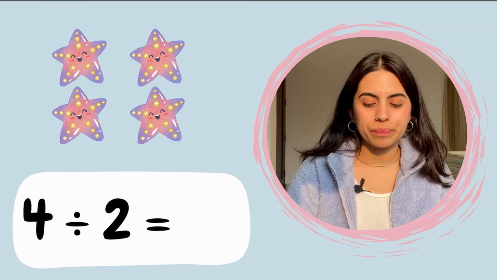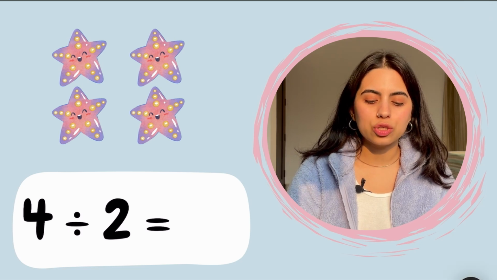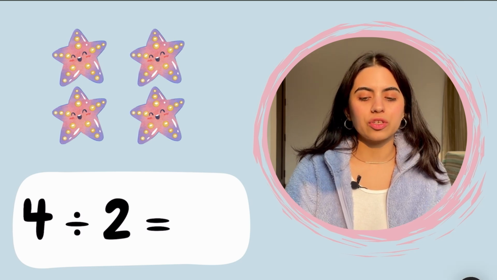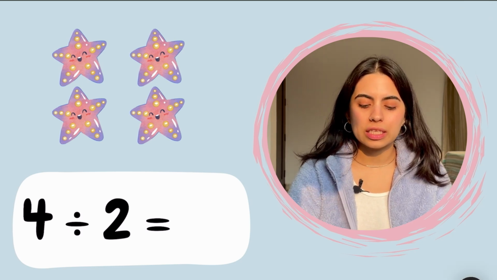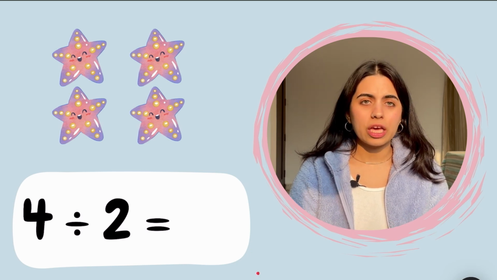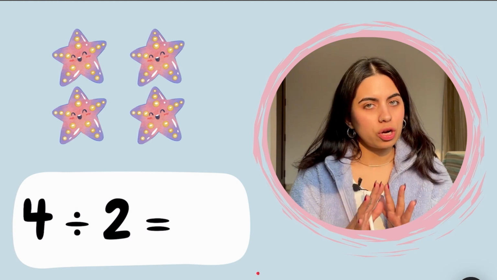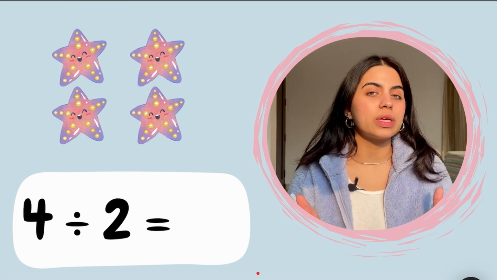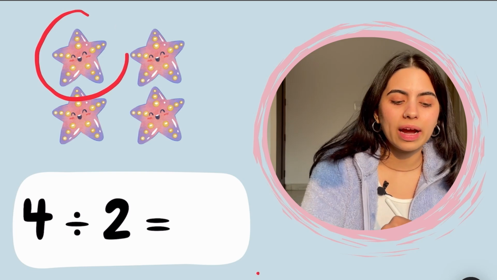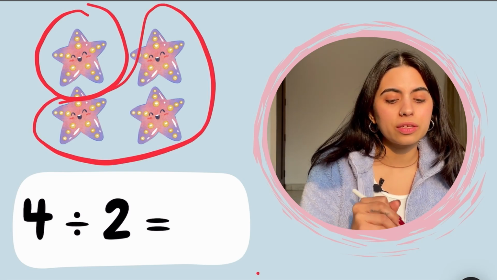Here you can see we have to divide 4 by 2. So how do we first of all say this question? This is 4 divided by 2. Okay, so 4 stars to be divided in 2 groups. Now not just 2 groups, it's 2 equal groups. I cannot divide it like this, that one group gets 1 and the other group gets 3.